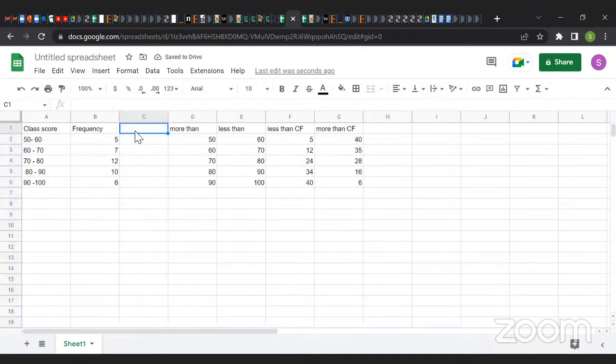So here I want to calculate cumulative frequency. Cumulative frequency, as we mentioned, is added frequency.